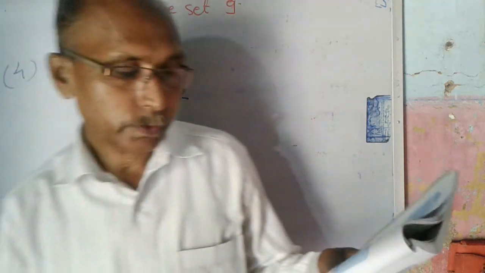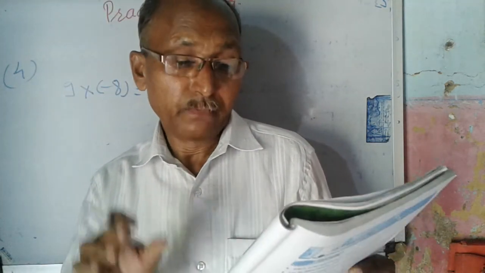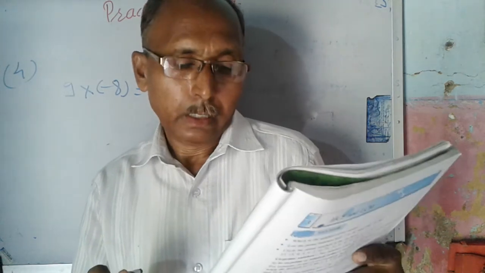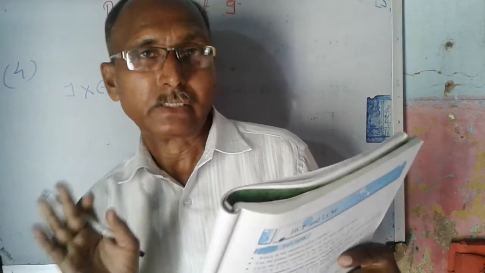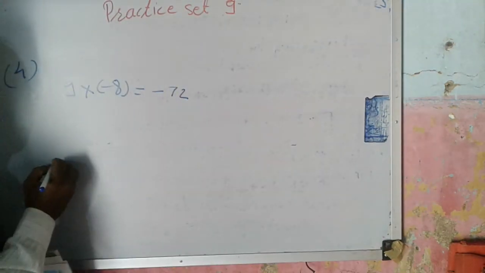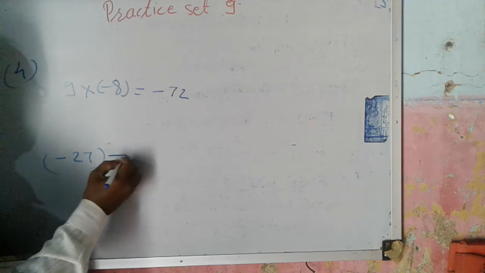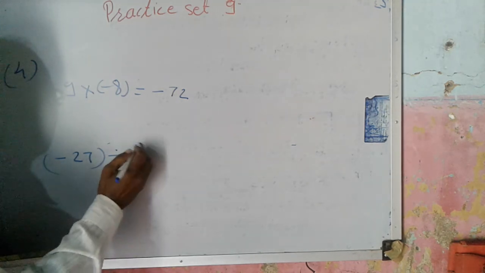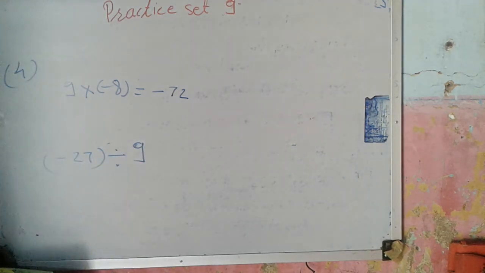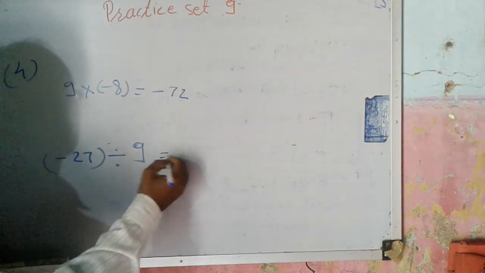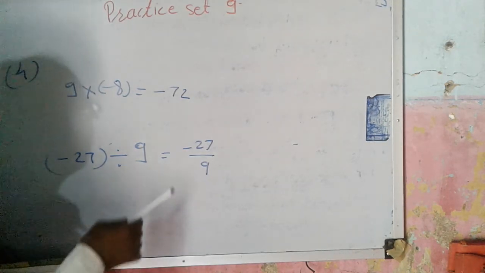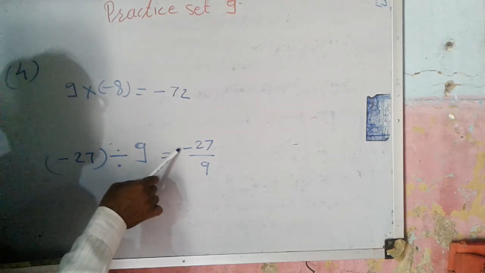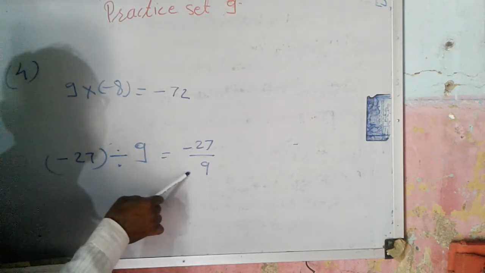Now I will choose one pair for division. I will choose minus 27 and plus 9. Minus 27 divided by 9. So here one integer is negative, one is positive.